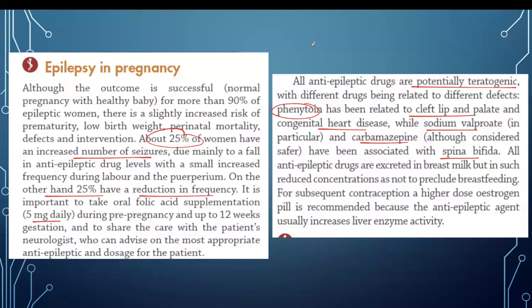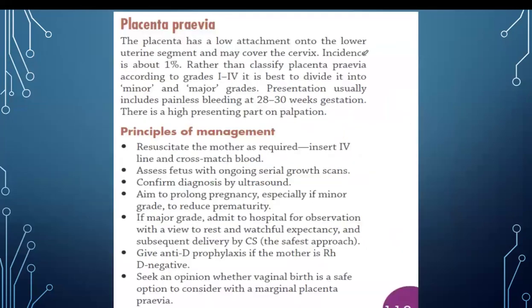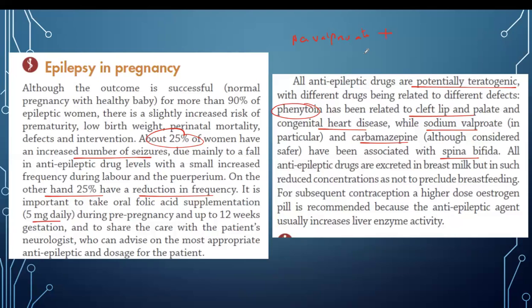Let's say your patient is a pregnant patient and the patient was on sodium valproate. If a patient is on sodium valproate and they are planning to become pregnant, the next thing you need to look at is if the epilepsy is well controlled.